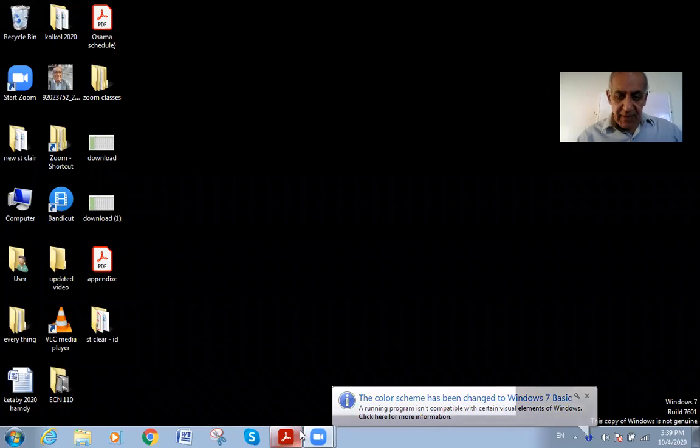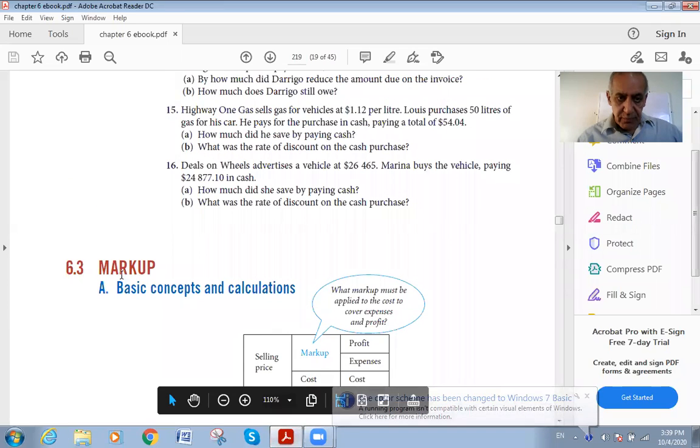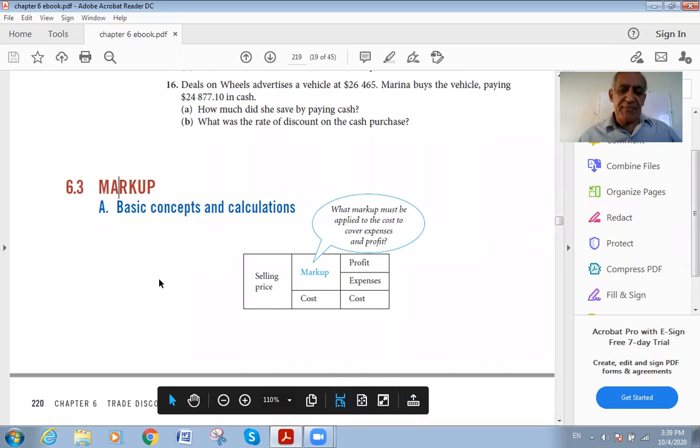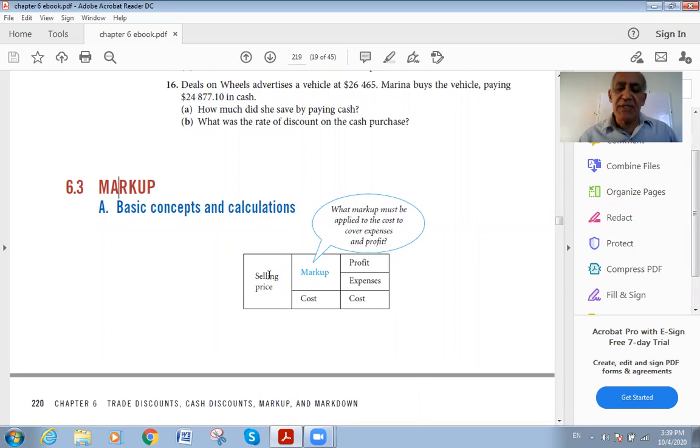Let us see what I am talking about. Now, as an example, this is the markup. The basic concept is that I determine the selling price by adding my profit, the expenses and the cost.